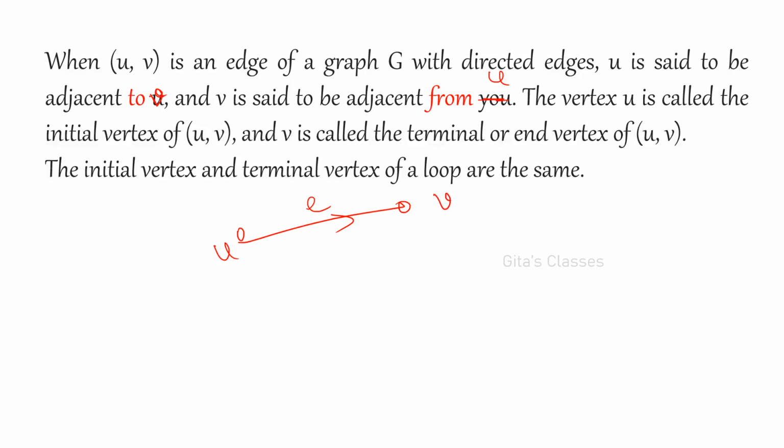Otherwise, U and V are just adjacent to each other. The vertex U is called the initial vertex of the edge (U, V), and V is called the terminal vertex.